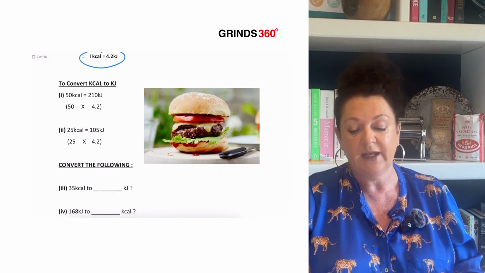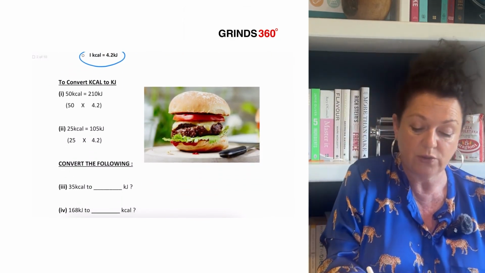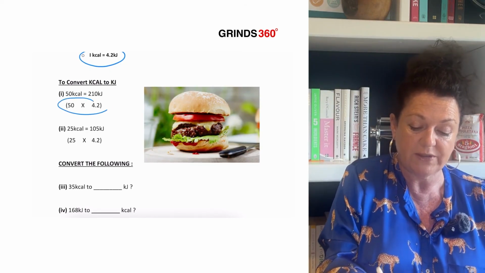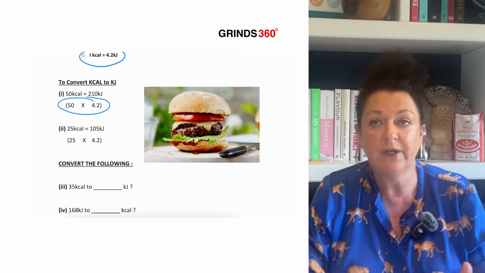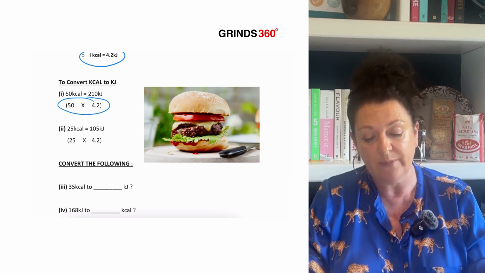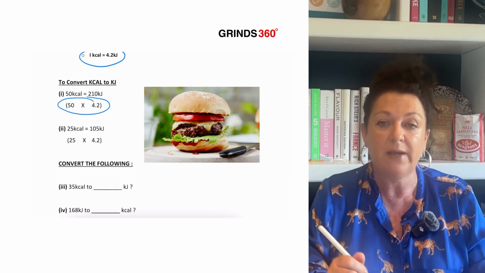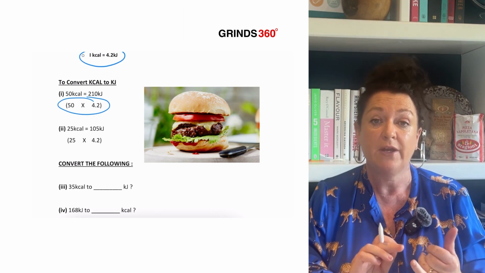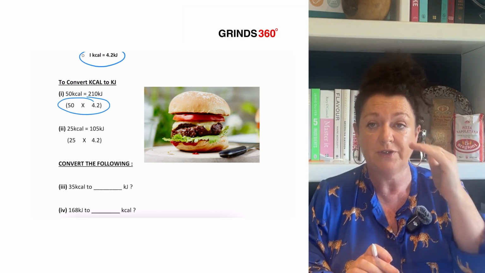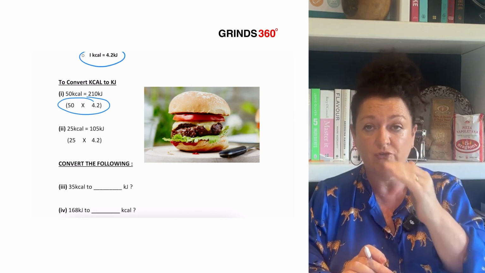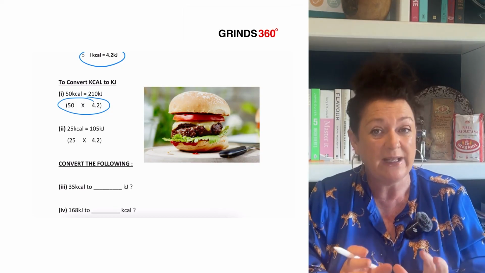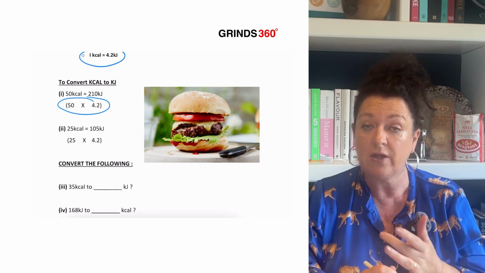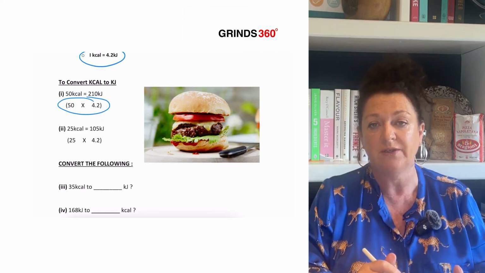To convert kilocalories to kilojoules, we note that we multiply by 4.2, and going back to the nutritional information labels that we see on prepackaged foodstuffs, you will note that they will have not just the macronutrient content per grams, per 100 grams, possibly per portion, but they will also, and they're legally obliged to, give the kilocalorie content and the kilojoule content.